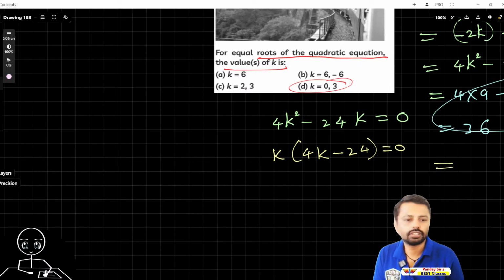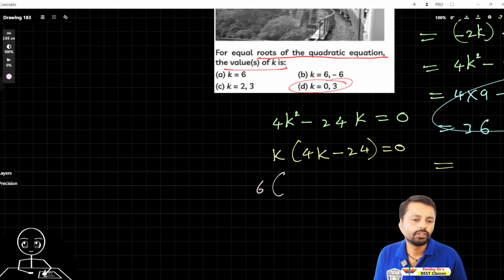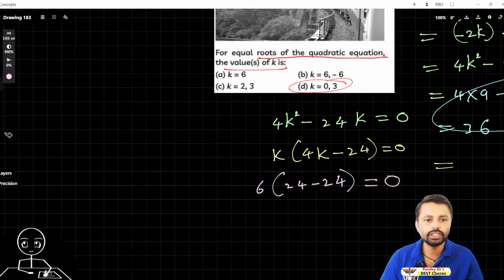Now if k equal to 6, we get 6 in bracket, 4 sixes are 24, so 24 minus 24. Yes, it's working. This is 0, so we are getting D equal to 0, and that's why it has equal roots. But if k is minus 6, will it work?